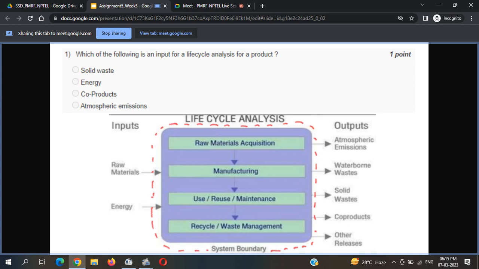Then during manufacturing also there are materials which are not used or they come as a waste from the manufacturing process. Same is during the use process and the recycling process also. So solid waste is another thing which comes as an output.